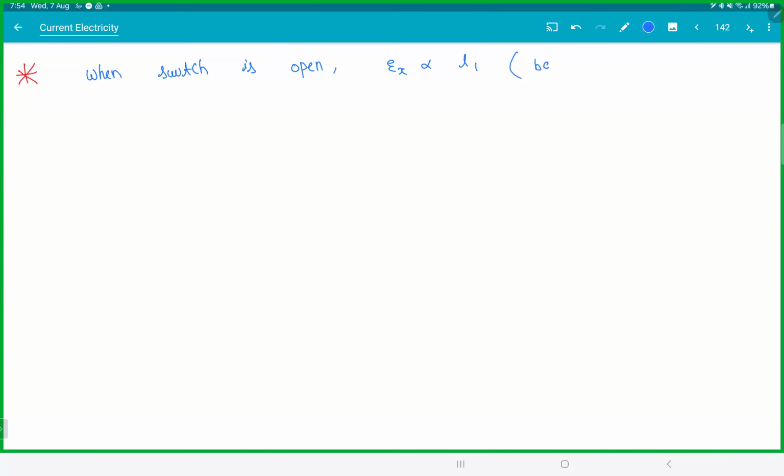So L1 is the balancing length. When the switch is closed, the EMF will be Ex minus I Rx is proportional to L2, or you can take I into R known also. L2 is the new balancing length when the switch is closed.